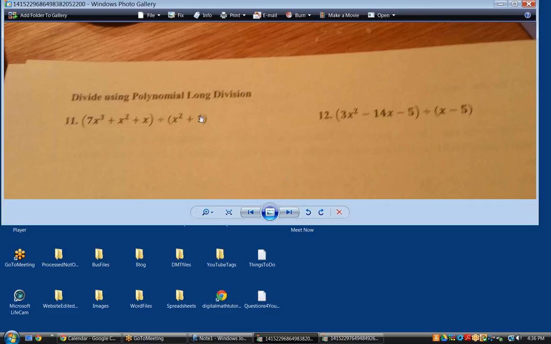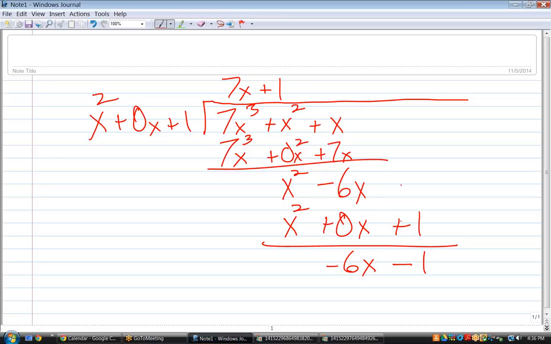I know that if you don't put in a dummy variable there, you run into all kinds of problems right away that I didn't know how to solve. And I thought about it and realized, well, you must need a dummy variable. So possibly the answer is with a remainder of minus 6x minus 1 over x squared plus 1.